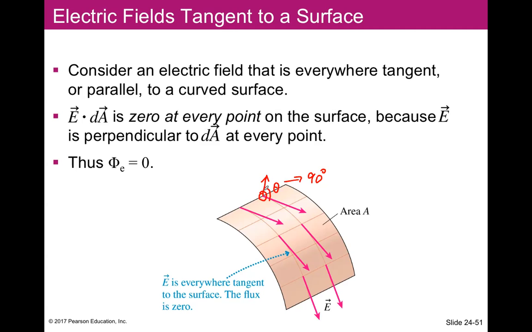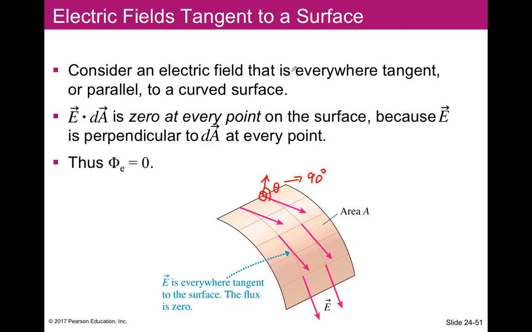It should be 0 when your surface and your electric field have a theta of 90 degrees, because cosine 90 degrees means 0. So if your surface and your electric field have a 90 degree angle, then at this point, the flux is simply 0.